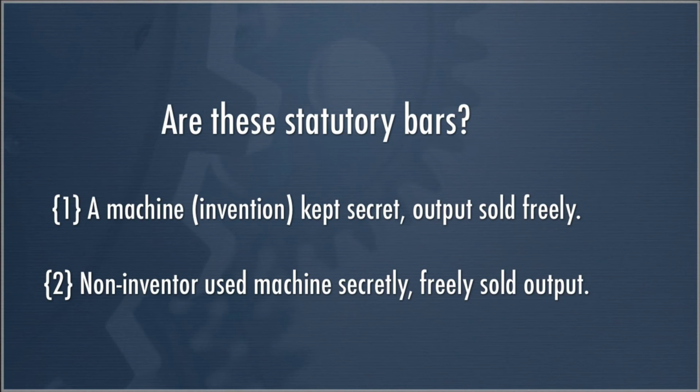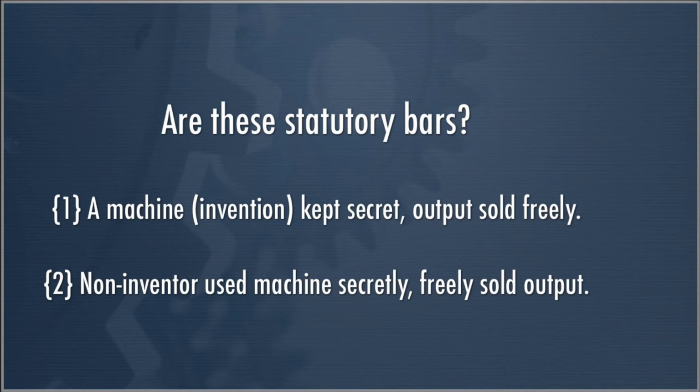And number two is not a statutory bar. Right? And the distinction here is who is doing the using of the invention for commercial purposes, right? These are both commercial uses, right? But if it's a non-inventor's commercial use that's secret, then the court says that is not what is meant by a prior public use, and so that use will not be a bar.